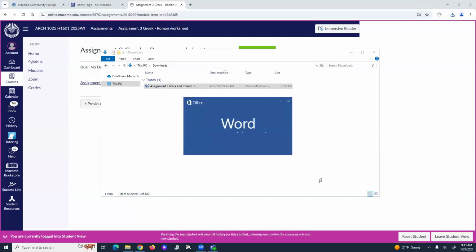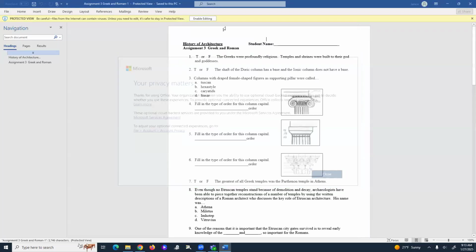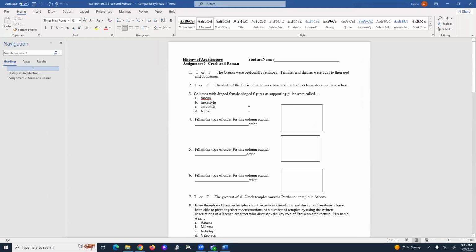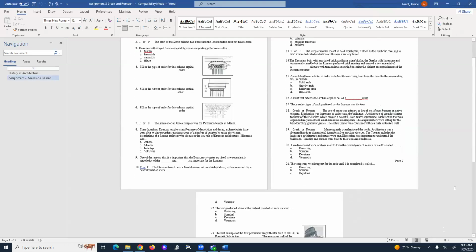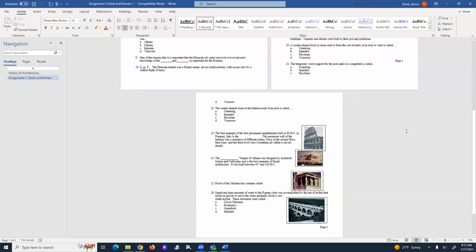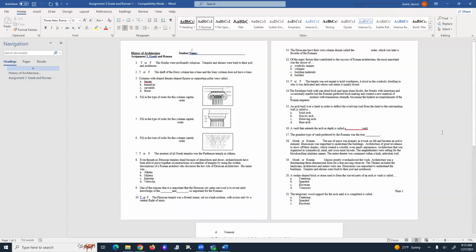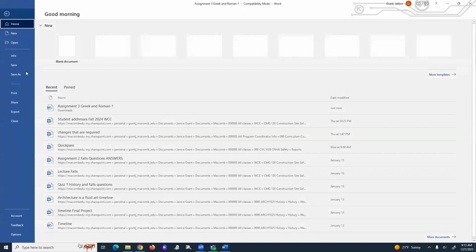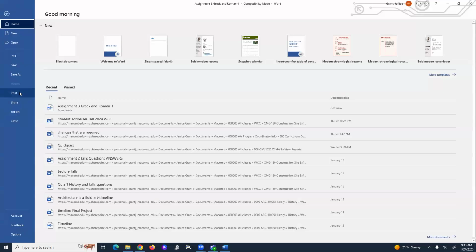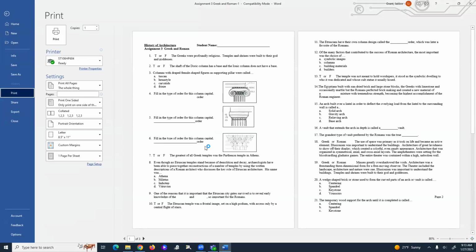Should we print it so you can see all of them? These are the questions that we're going to answer today, as part of what we're learning about significant buildings. Should I print it? Yeah, I think sometimes it's nice to see the printed document to fill it in as we're going. I might even like to print one for myself to make sure the lecture has all the answers in it.